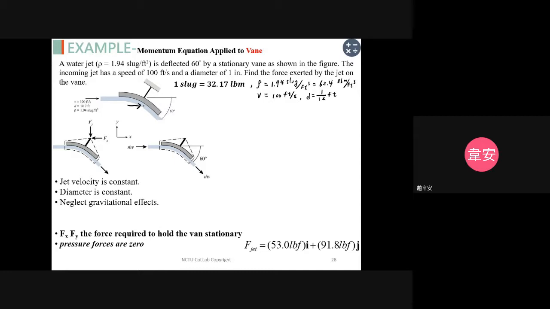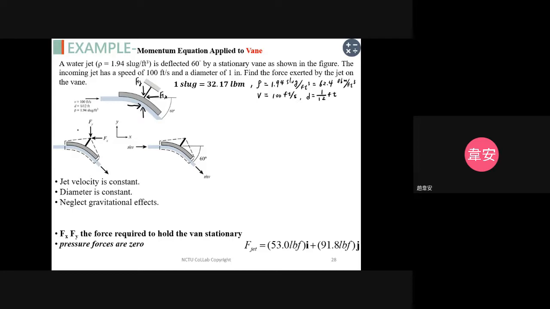So the reaction force for this is upward, because the fan will push the water downward. So the force along the y direction by the jet on the fan is upward. Okay, so for our system, we assume we have the reaction force Fy downward and Fx in the left direction, as the cartoon figure shown here.